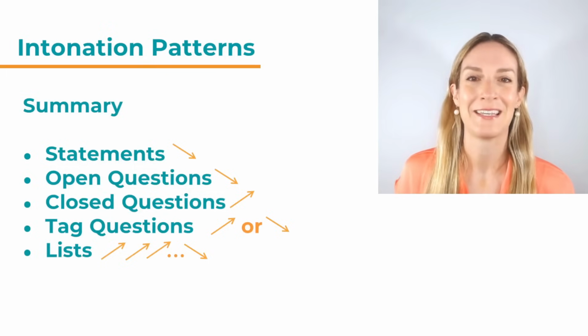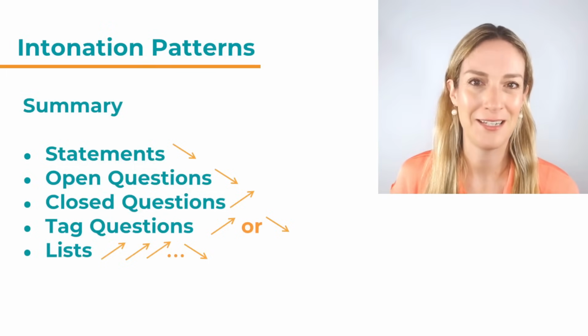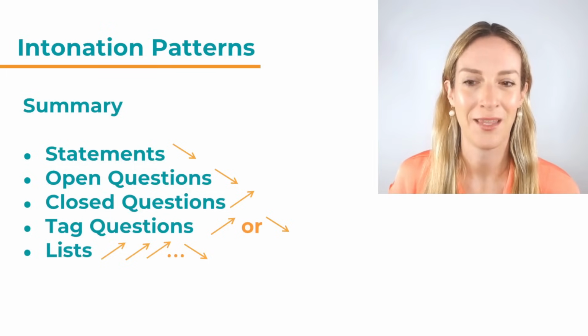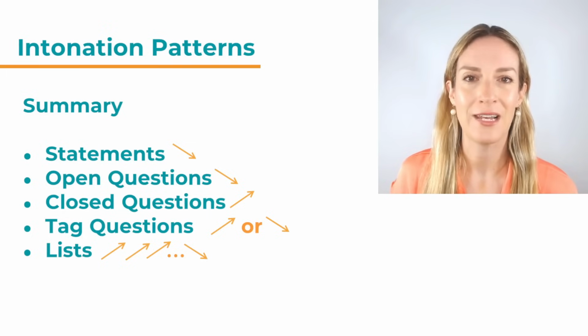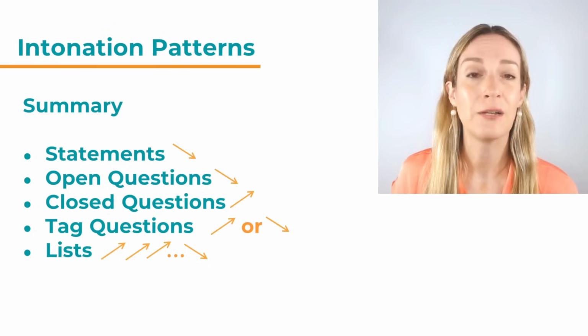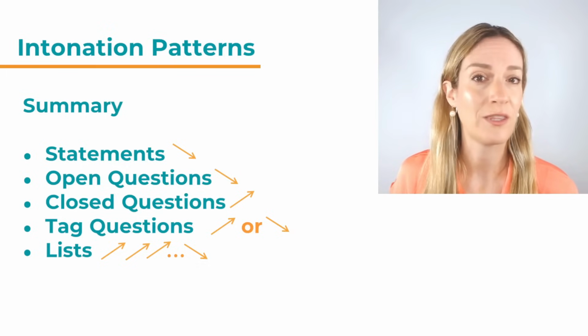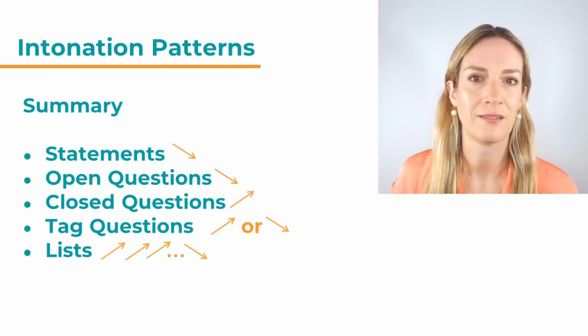Now let's summarize those different intonational patterns. First of all, we had statements. They usually have a falling intonation. Then we looked at open questions with WH question words. They usually also have a falling intonation.